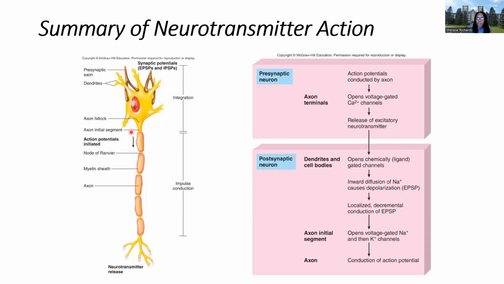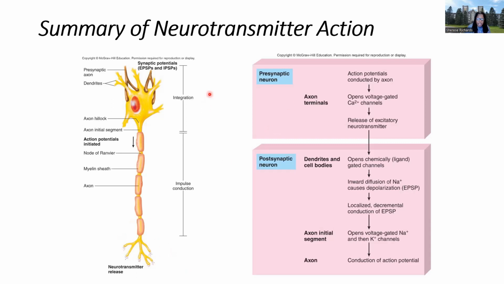The action potential will then move down the axon, and it will ultimately result in neurotransmitter released from the axon terminal, which will again result in neural integration on the postsynaptic neurons on which these axon terminals are synapsing.